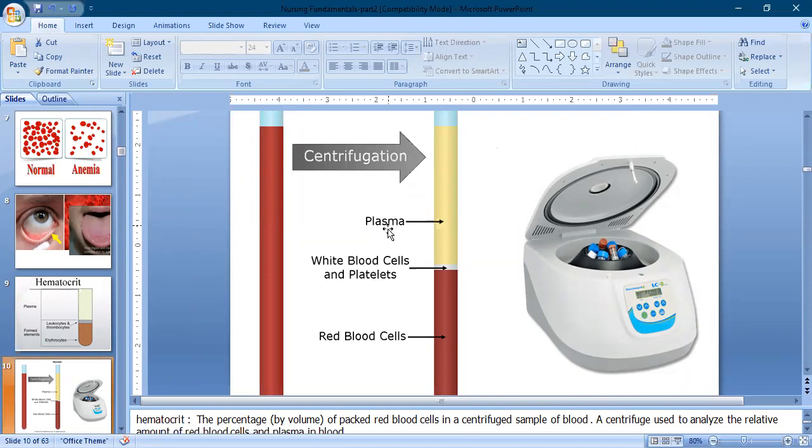So plasma, red blood cell, white blood cell, and platelet, all together we say the blood. The solid portion contains white blood cell, platelet, and red blood cell, right? Easy.